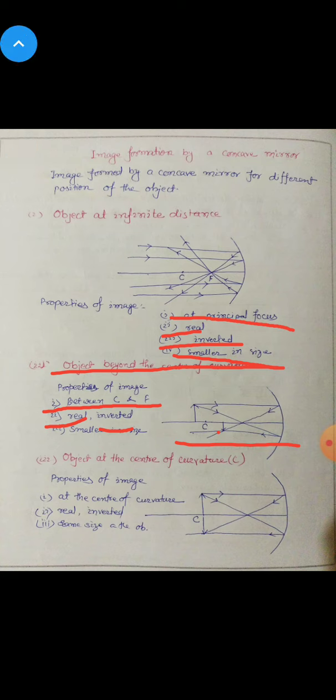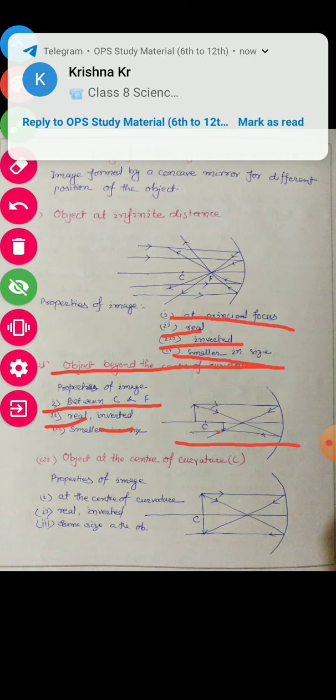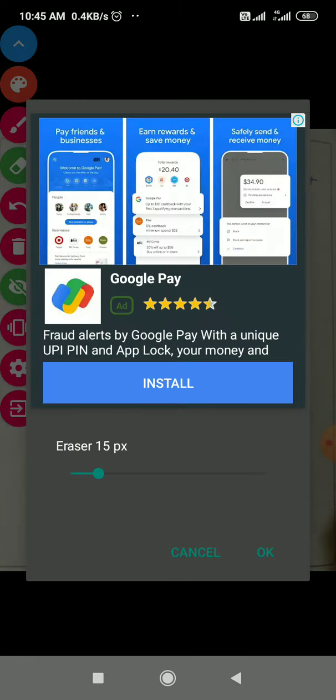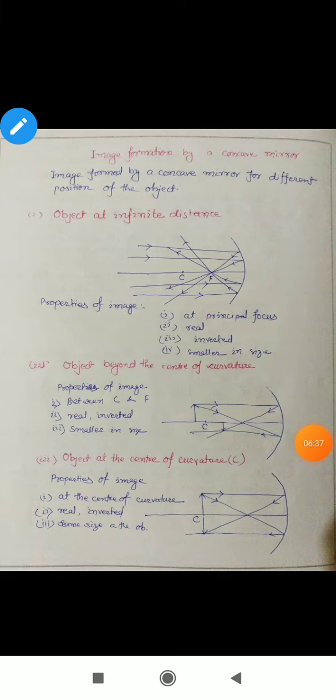Real and inverted are written at the same time because one thing you should know: when the image is real, definitely it will be inverted.